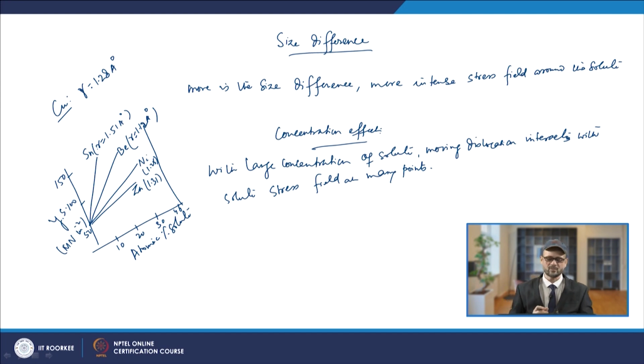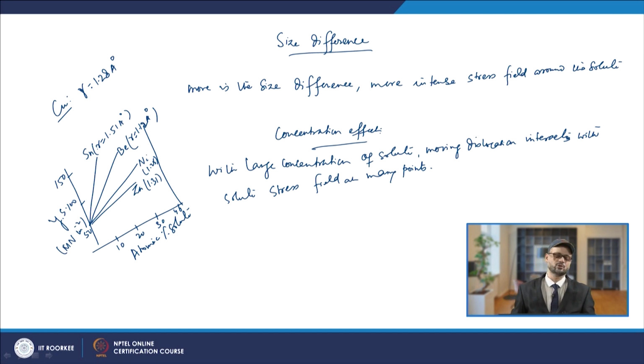Now, if you look at nickel and zinc, the size difference is the same for both. However, in the case of nickel the strength is more. That depends upon the elastic modulus value of nickel, which is higher. That is why the increase in the yield strength is higher compared to when the other solute present is zinc.